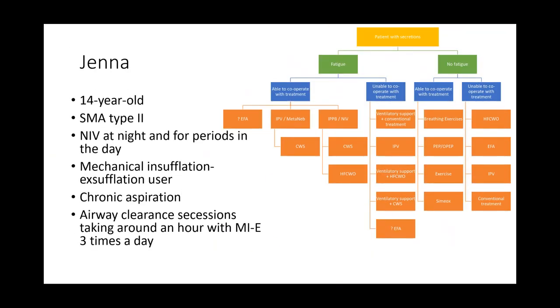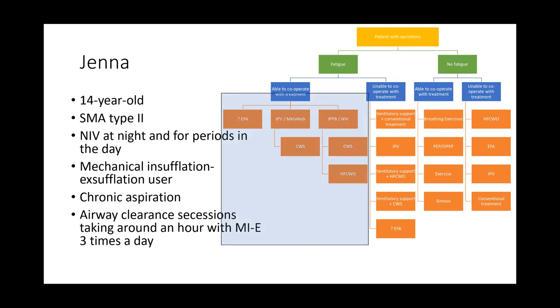And finally, Jenna. She's 14, she's got SMA type 2, she's on NIV at night and for periods in the day. She has cough augmentation techniques in the form of mechanical insufflation exsufflation. She's in with chronic aspiration, and typically her airway clearance sessions take an hour with MIE and conventional treatment.